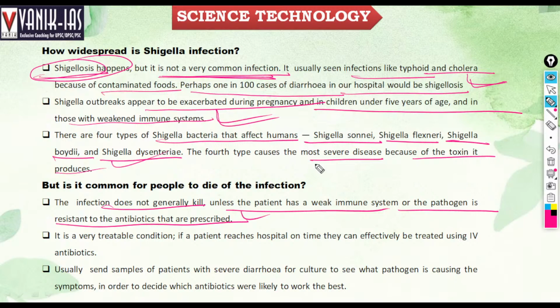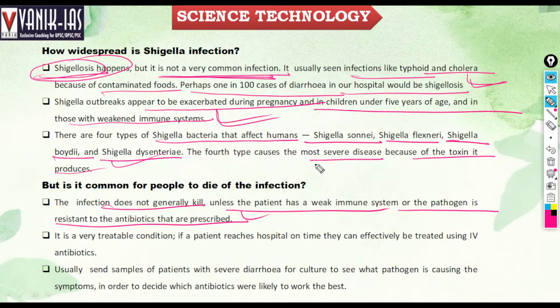Antimicrobial resistance. If you are consuming various antibiotics, then you may develop antimicrobial resistance, or AMR. In that case, if you are taking some medicine, it will not work. In those cases you may also die because your immune system is not working against it, or the medicines are not working against the particular bacteria.